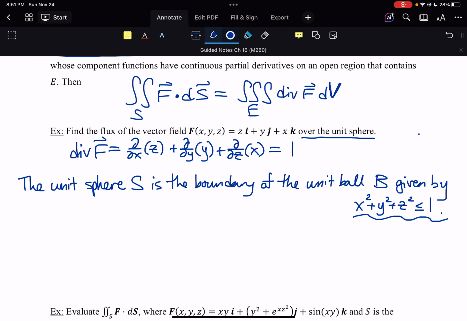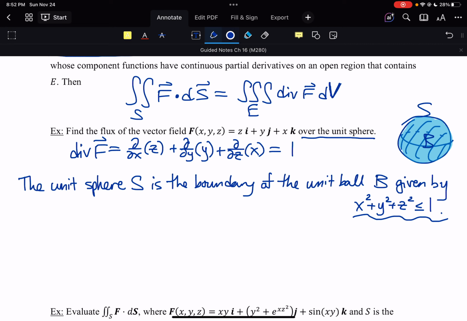So if we're looking at a sphere of radius 1 here, S is going to be this outer surface, but the ball is everything inside, kind of like inside that shell, right? So B is everything within S.